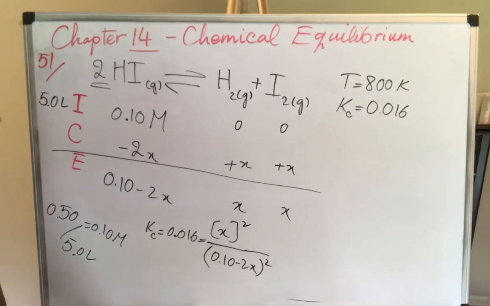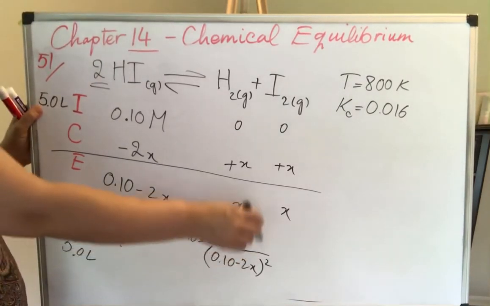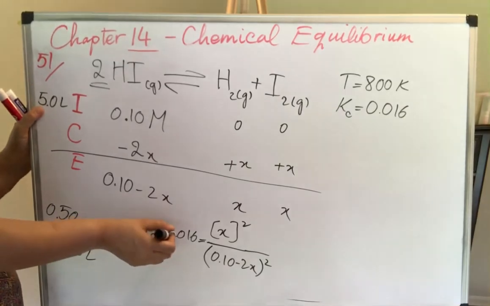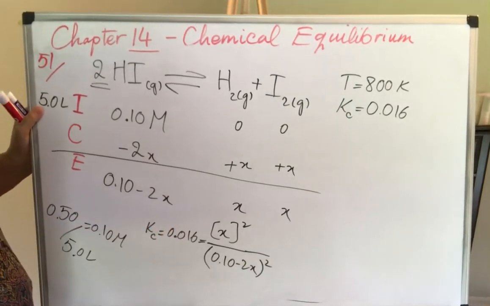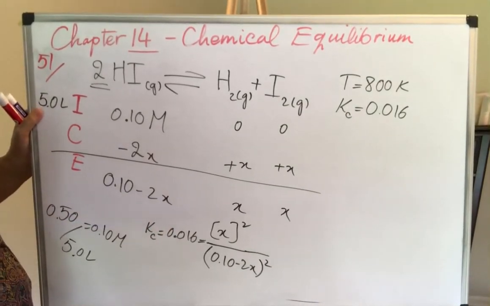Alright. So now, you see the right side is a perfect square, so you can take the square root of both sides.